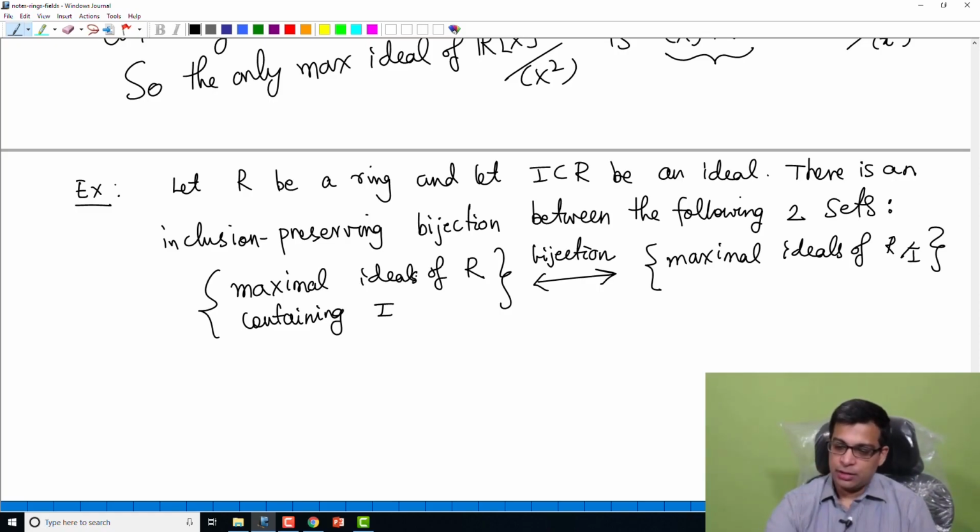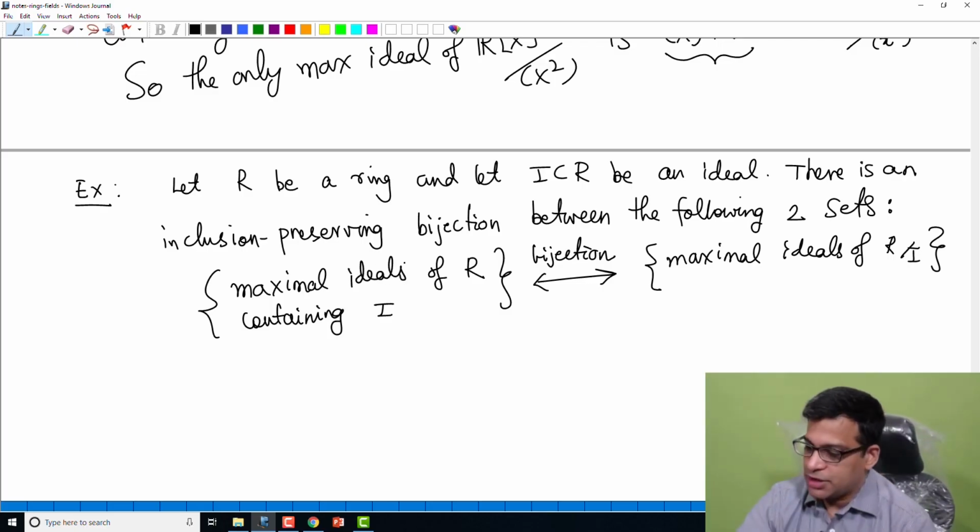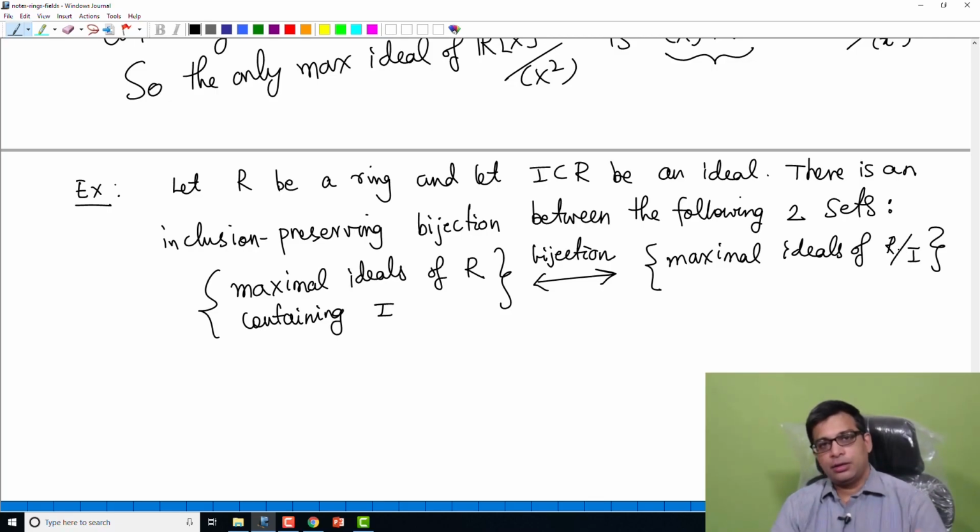Ideals of R containing I are in bijective correspondence with ideals of R mod I. But now I am saying that I can add the adjective maximal and the inclusion preserving bijection still exists.